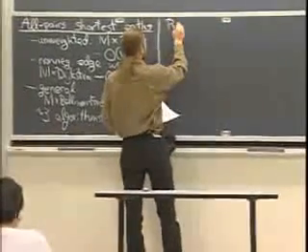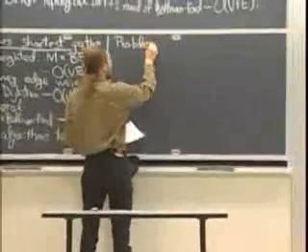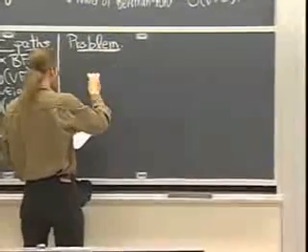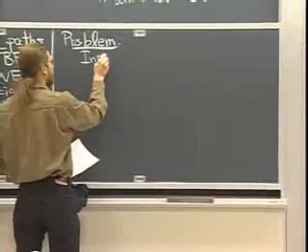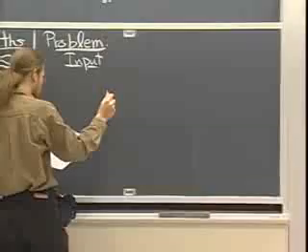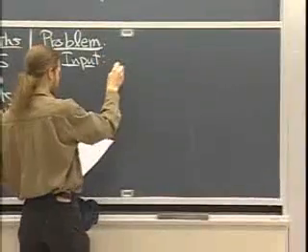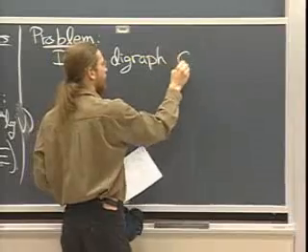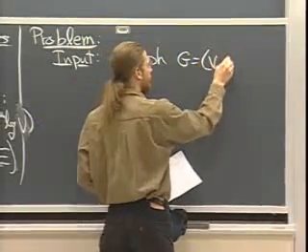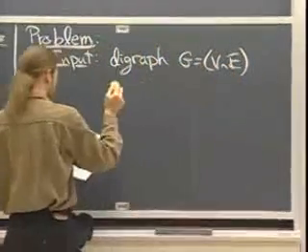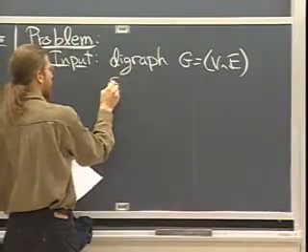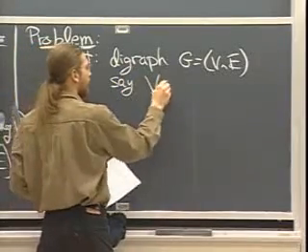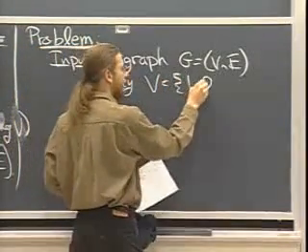Okay, let me quickly define all pairs shortest paths formally, because we're going to change our notation slightly, because we care about all pairs. So as usual, the input is a directed graph, some vertices and edges. We're going to say that the vertices are labeled 1 to n.